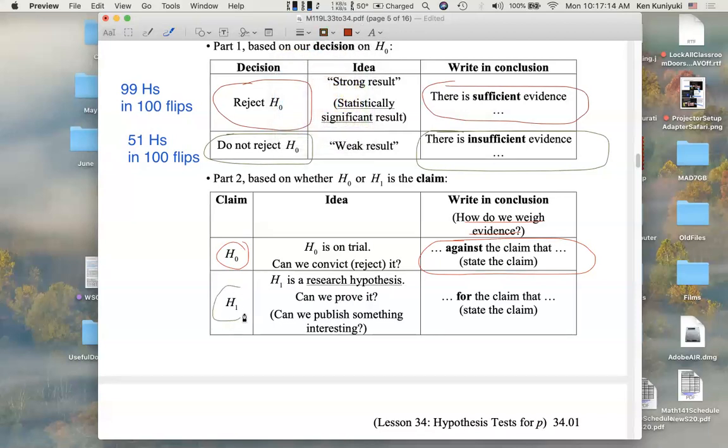Now, if the alternative is the claim, then we can think of the alternative hypothesis as a research hypothesis. Can we publish something interesting? So, for example, does this drug work? That would normally correspond to the alternative hypothesis, right? For example, if you have a drug that lowers cholesterol or that lowers blood sugar or that raises some level of hormone, for example, right?